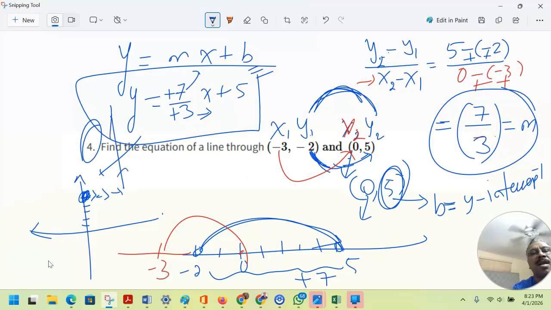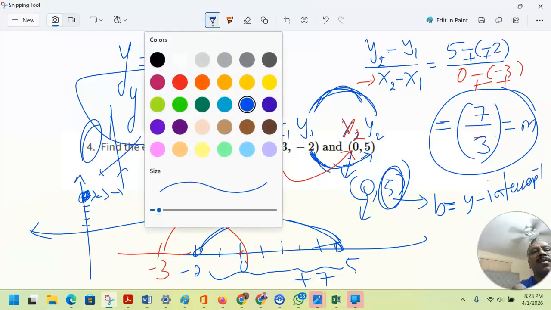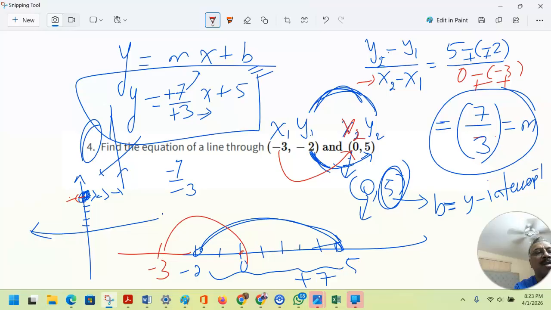So instead, you can write -7 and -3. Basically, you go 3 to the left, and then you go 7 down. So these are already 5 here, and you go another 2 more here. So somewhere here you get a point and draw the line.